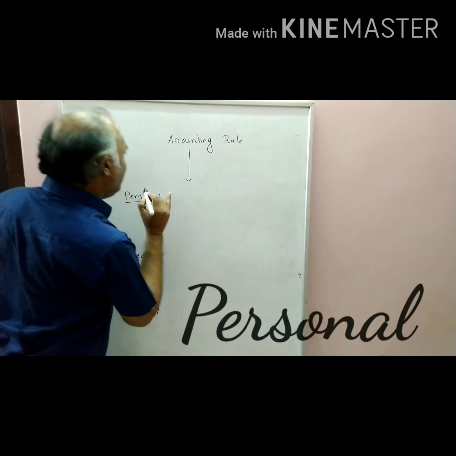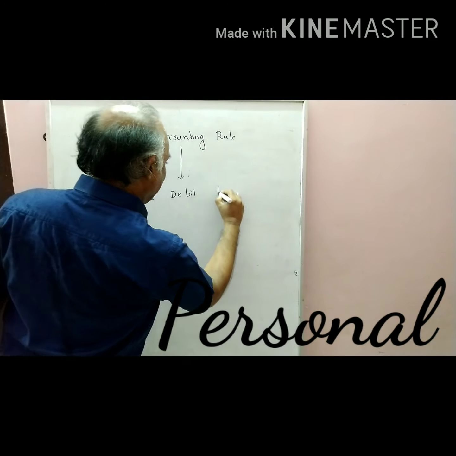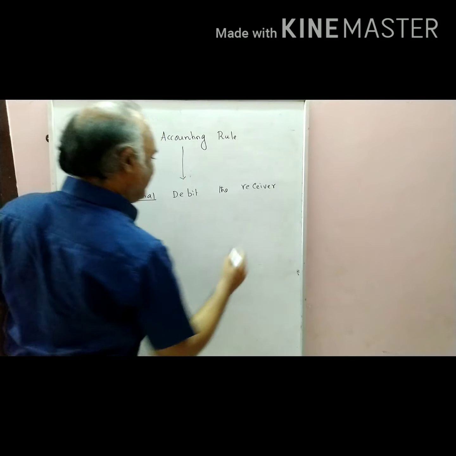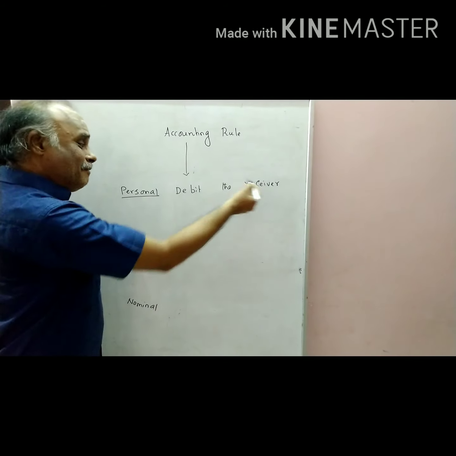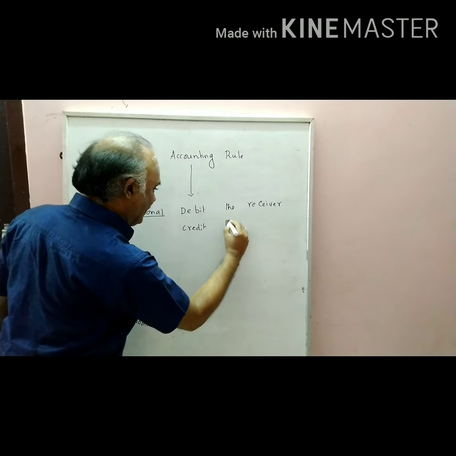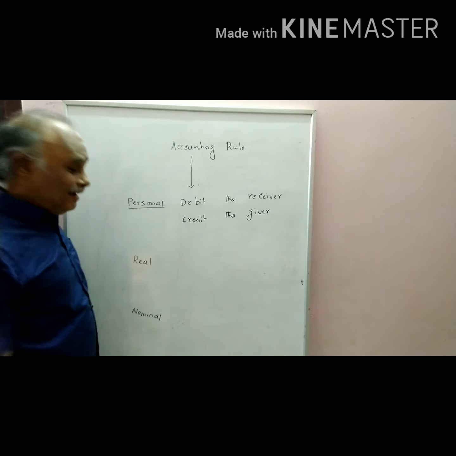Now, as far as personal rule is concerned, debit the receiver. You know that. The person who is the receiver becomes the debtor, and credit the giver. The person who gives you the money becomes your creditor.